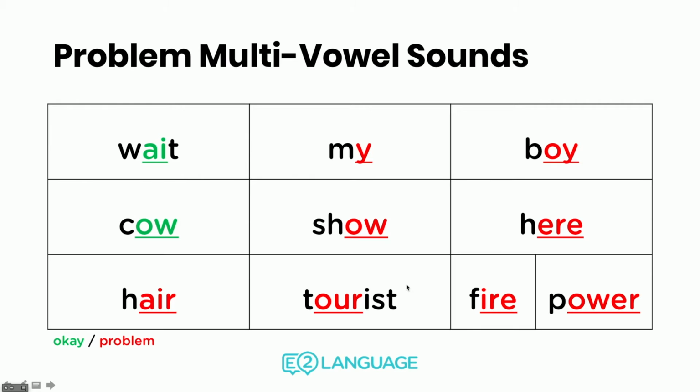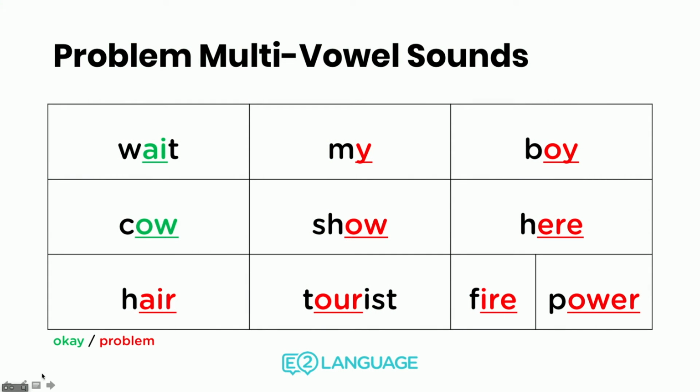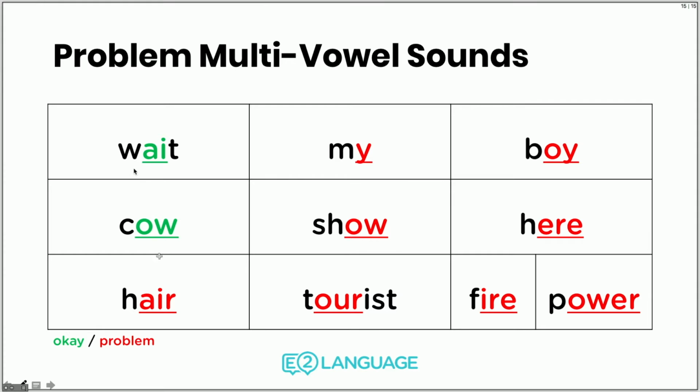Cool. Okay, so what I'm going to do is skip the short vowel sounds because there's not much of a problem between Dravidian languages and the English language with short vowel sounds. The big problems come with these multi-vowel sounds, these longer A, for example, oi, these longer vowel sounds. So let's do some practice here. So in English, we actually have how many? 3, 6, 9, 10 of them.